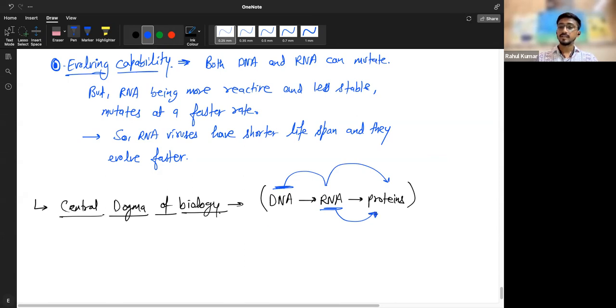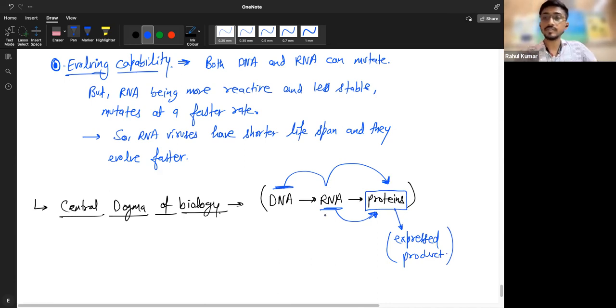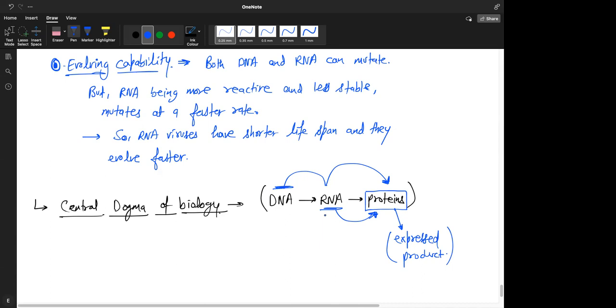Yes. And ultimately in the cell, in the living system, all the genes are expressed in the form of proteins. Proteins are the expressed products. Whatever has to be expressed is expressed in the form of protein. They are the functional units. So which one is better for transferring the information, RNA or DNA? RNA? Yes, RNA is better, right?